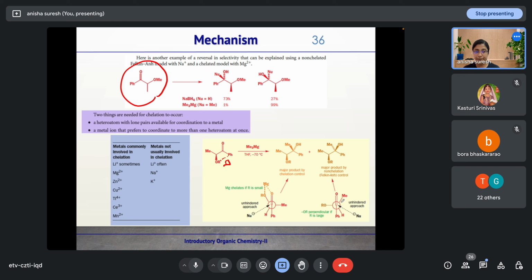So this is feasible. This will result in the formation of O, OH, hydrogen, Nu, methyl, hydrogen, and OR.